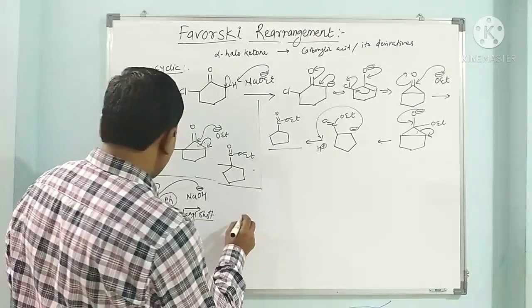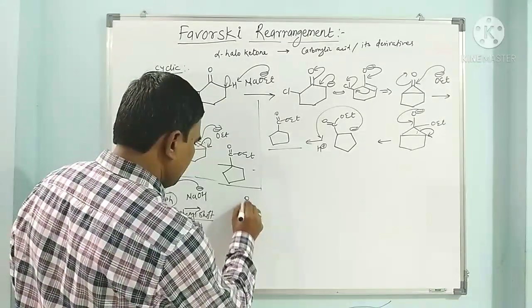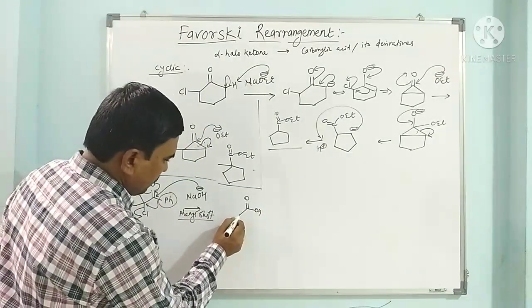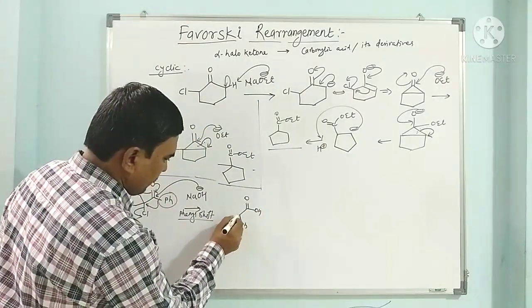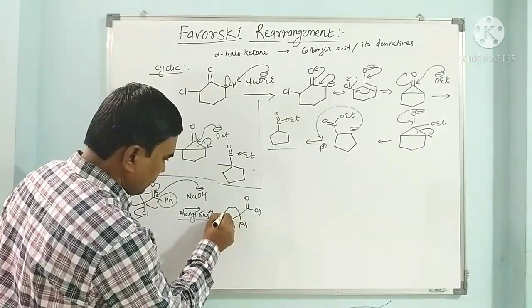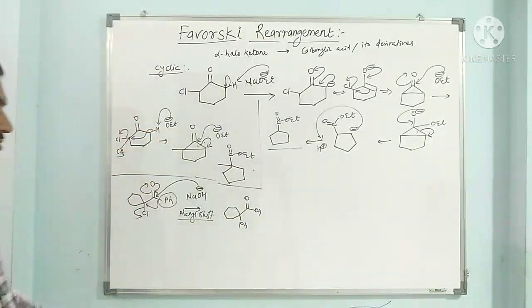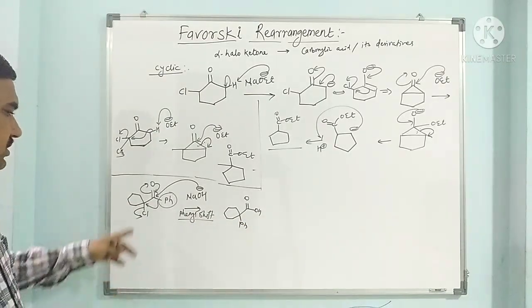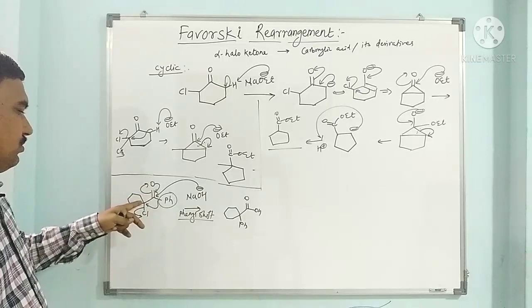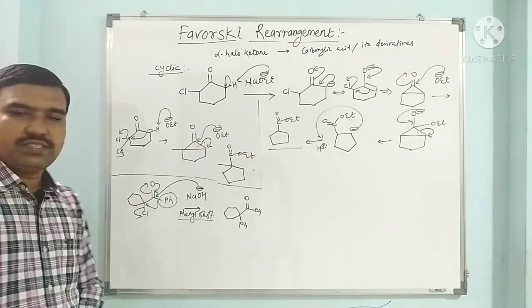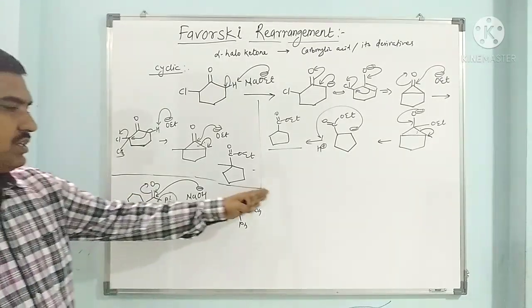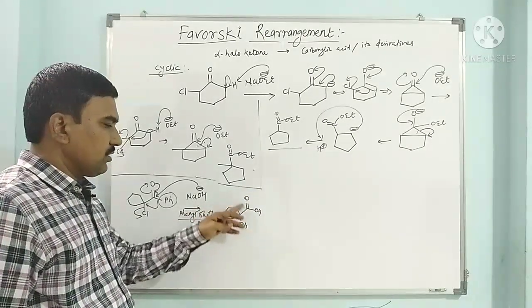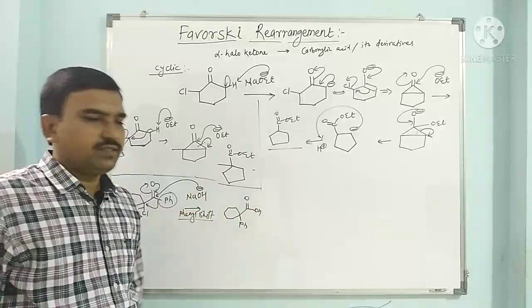In this way we get this product, COOH with Ph and the cyclohexyl system. So this carboxylic acid is obtained, phenylcyclohexane carboxylic acid.